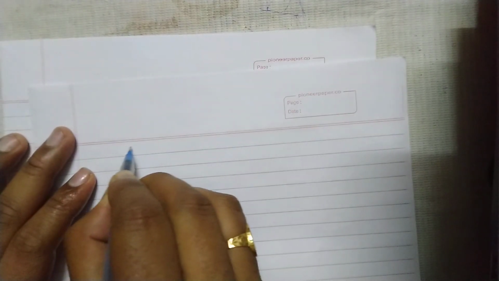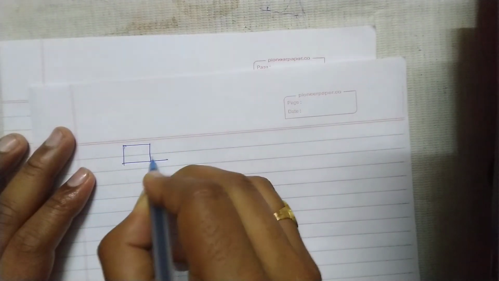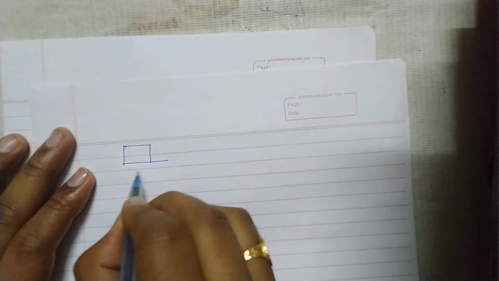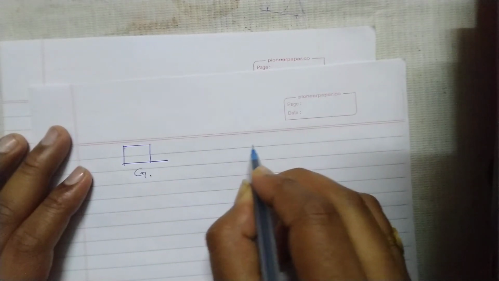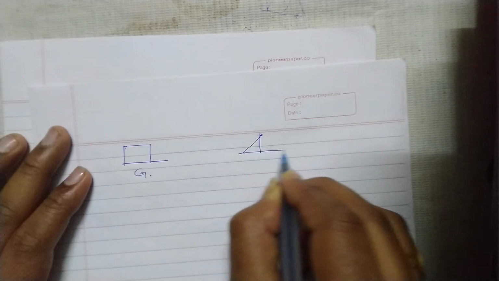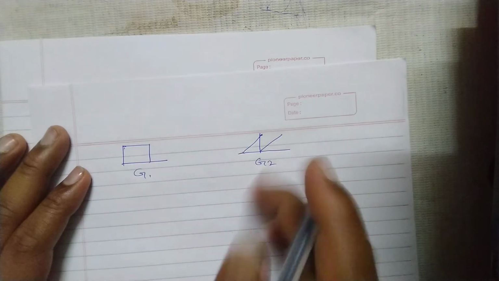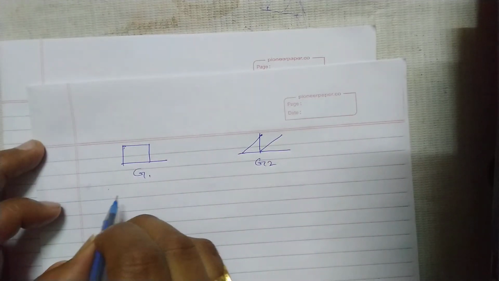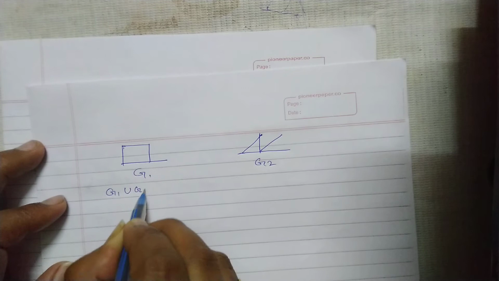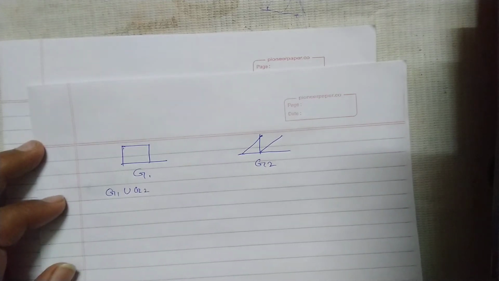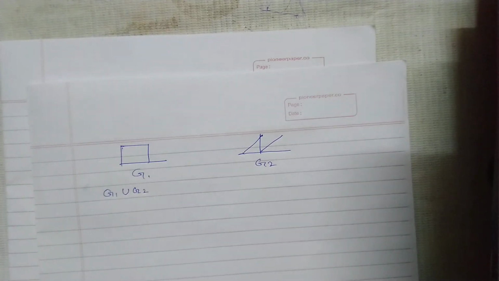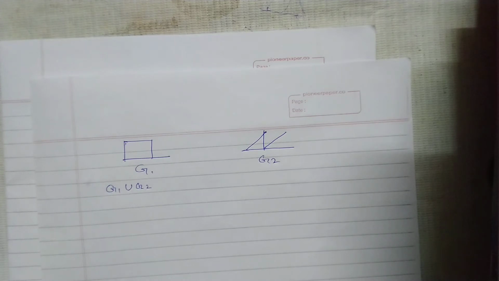Let us suppose this is a graph, this is G1, and this is another graph, let us assume this is G2. If I want to find G1 union G2, then how can I find it? You know that in case of union, if any edge is present in one graph, it will be present in the union set.